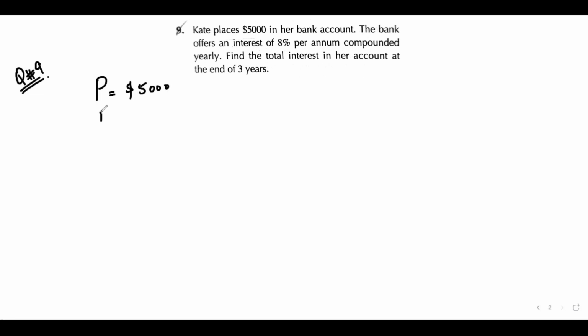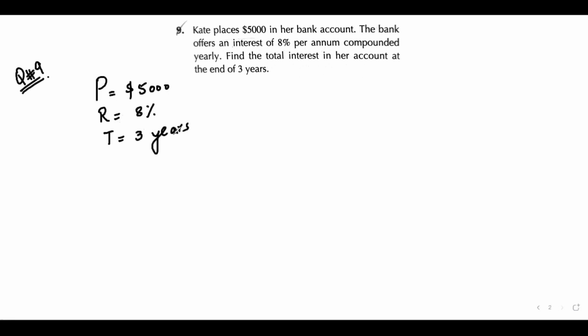As I told you yesterday, whenever it is a compound interest question, the word compounded will be there. Clear? So we are going to write that the rate of interest is equal to 8%. Find the total interest in her account at the end of 3 years. The time is also given to us, that is 3 years.